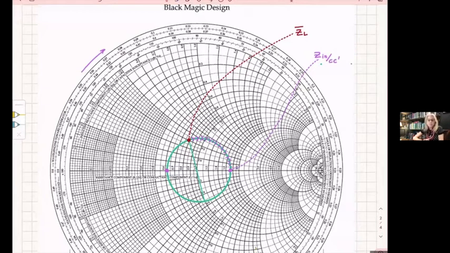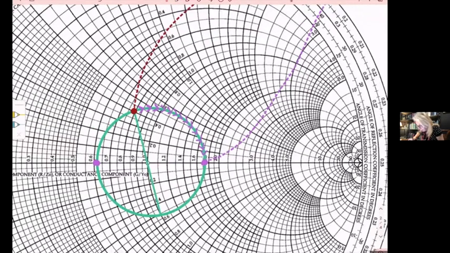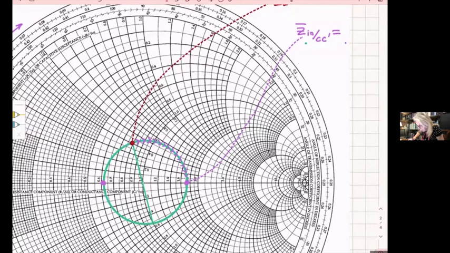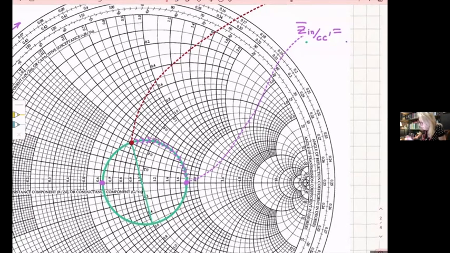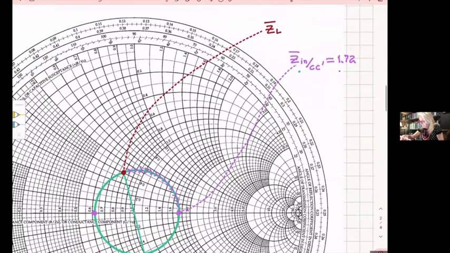Okay, and how much is that? I will write it here. It's 1.7, rather, close to 1.732. That's what I found. Okay.